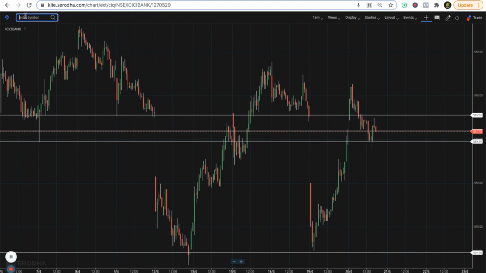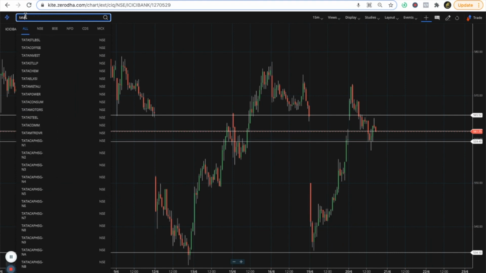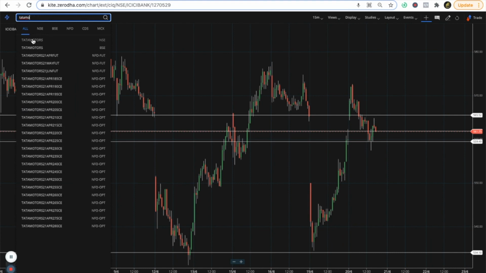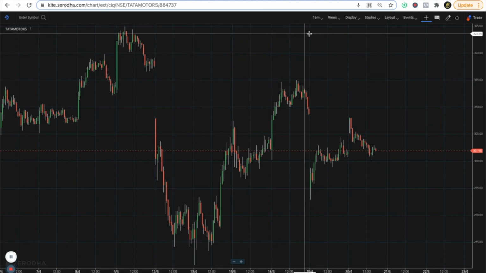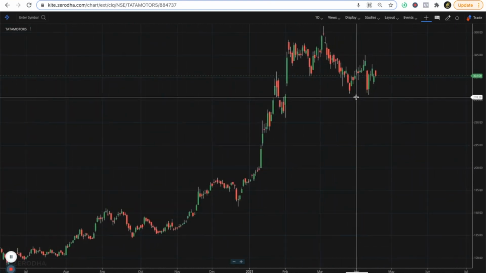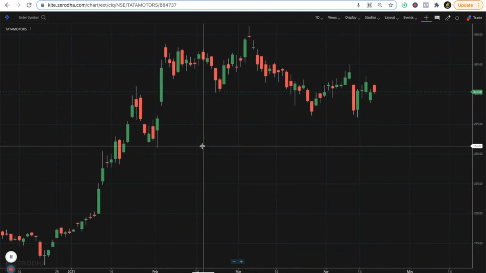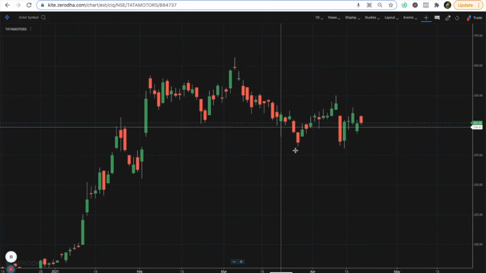Now let's have a look at a different stock. Let's check out Tata Motors. Tata Motors gave a profit yesterday as well, so we can trade on Tata Motors. In the 1 day time frame, the stock is actually looking sideways. I don't see any clear sentiment over here.